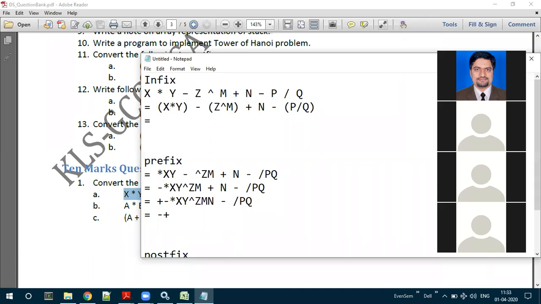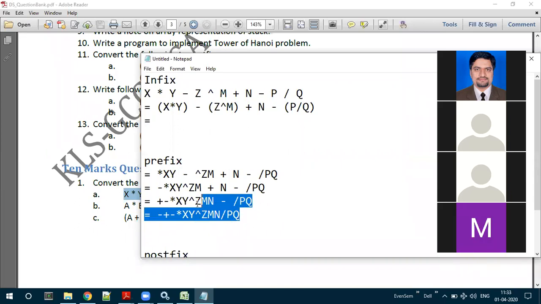Plus minus star X Y power Z M N. Second operand? Division P Q. So this is the equivalent of the given infix in prefix format.